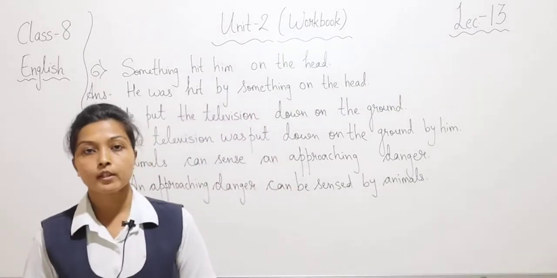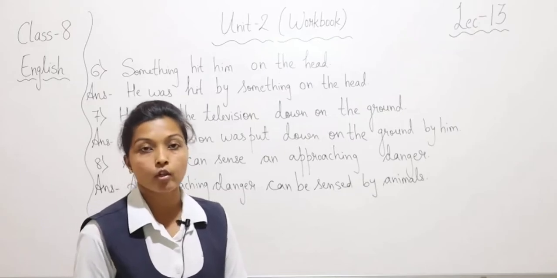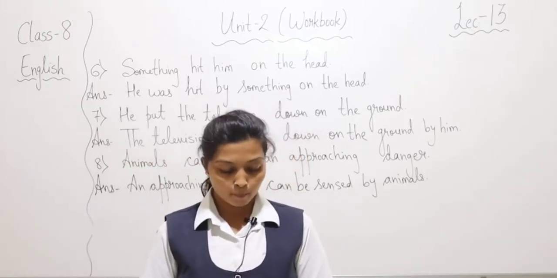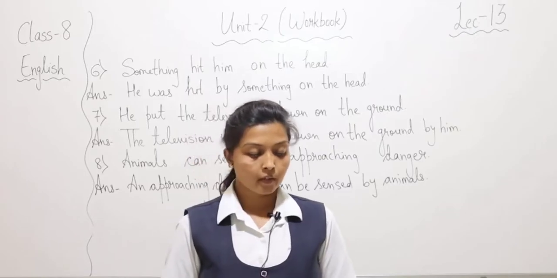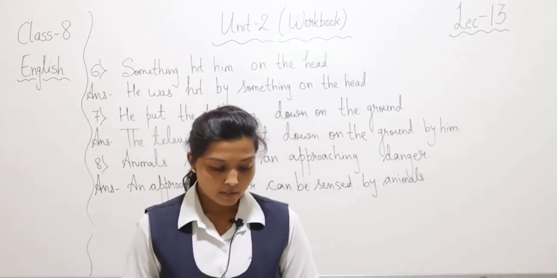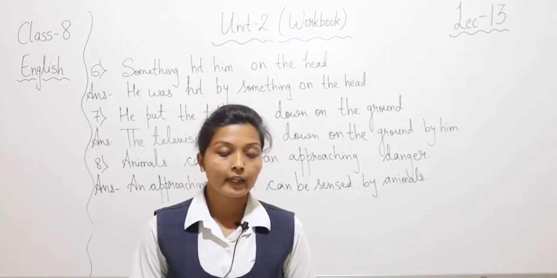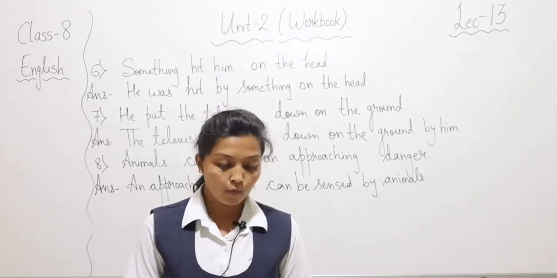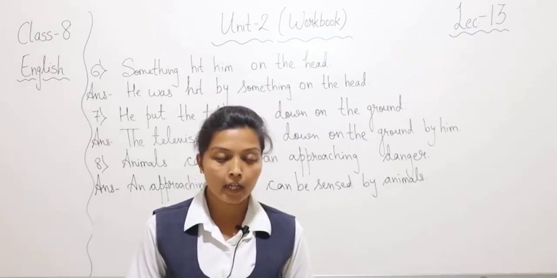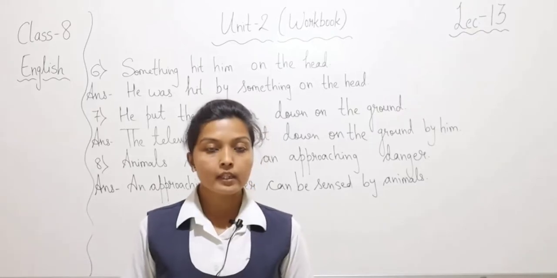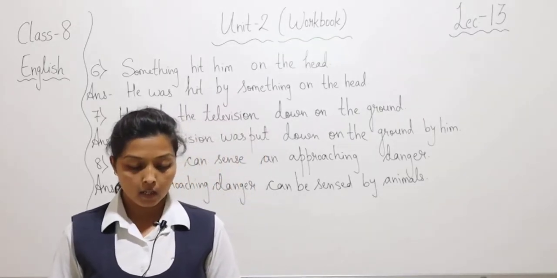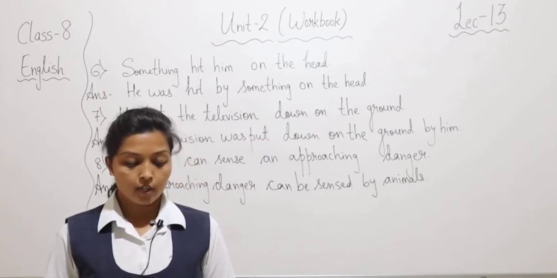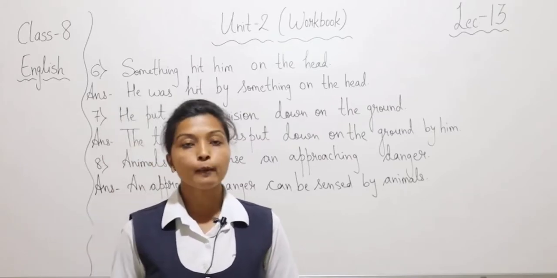Now for a few minutes just focus on your workbook, page 18. Open it and see the next exercise, the 8th one. We have 5 senses that help us to know things around us. These 5 senses are sight, touch, taste, hearing and smelling.